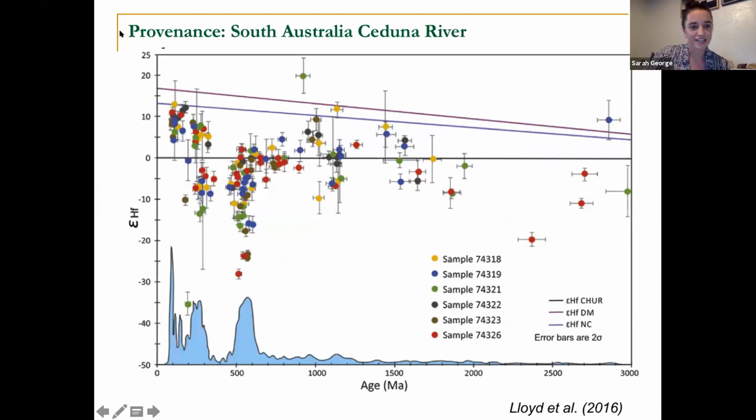Okay, so here's another data set for you to work through. This is kind of a fun one. This one's from South Australia, from the Ceduna River. They basically take these samples from a Cretaceous delta system, and they use the hafnium isotopic data as a fingerprint to say that the transcontinental river system that is there today probably didn't exist in the Cretaceous.